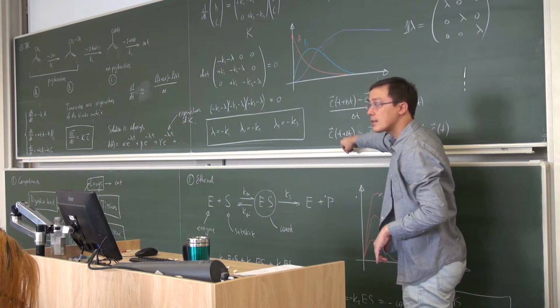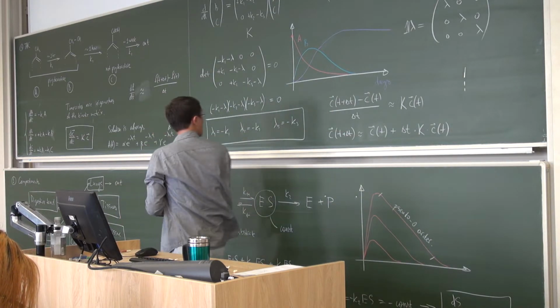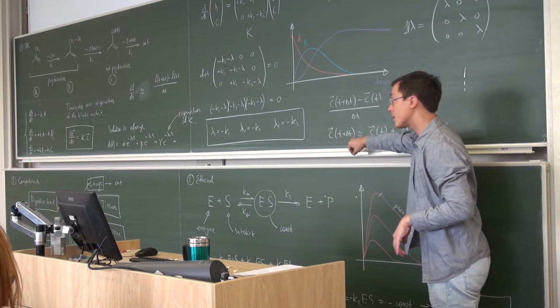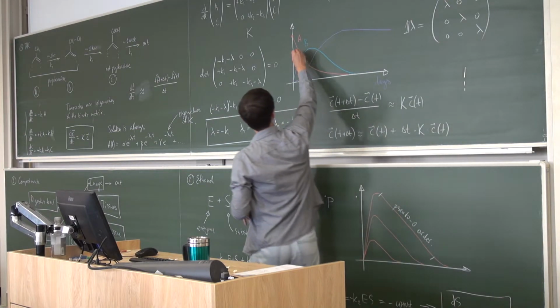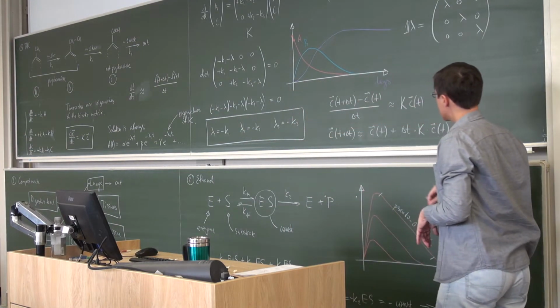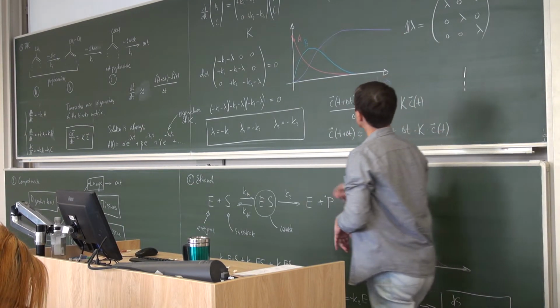When the time slice delta t is sufficiently small, this approximation is really good. So the computer is able to calculate the concentrations at the next time point from just arithmetic and a matrix vector product. So it knows the concentrations here. As soon as it knows the concentrations there, it resubstitutes it into this equation and obtains the concentrations at the next point.